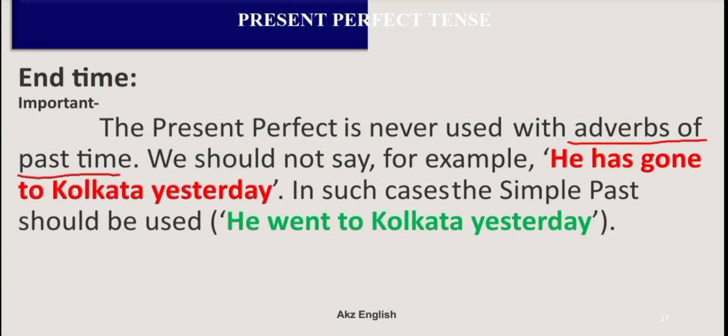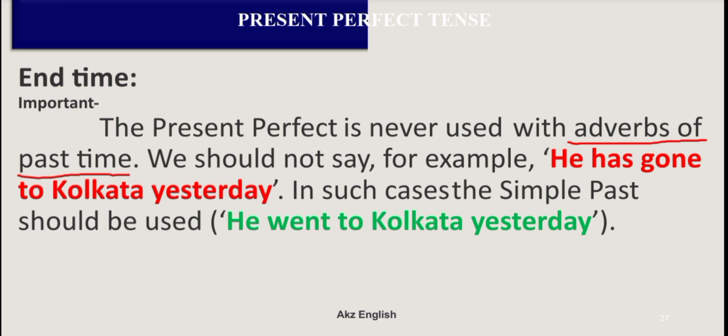Remember this point. What are adverbs of past time? For example, last is an adverb of past time, and so is yesterday. You may google the list of adverbs of past time, and keep in mind that the present perfect tense is never used with such adverbs.